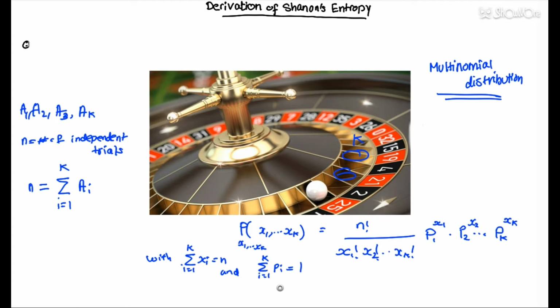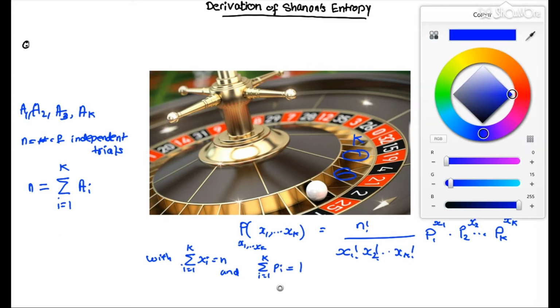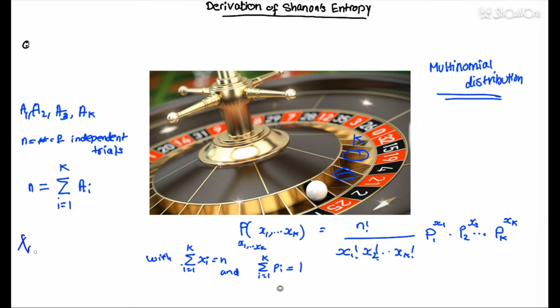There are here k outcomes. Therefore, we can use the multinomial distribution with random variables. For example, we have these random variables x1, x2 until xk.